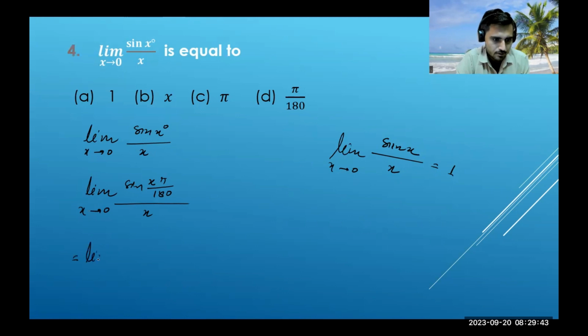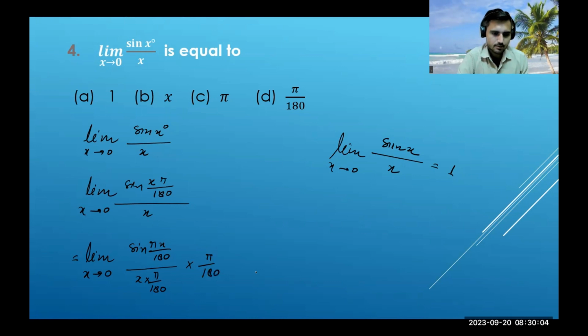So limit x tends to 0, and we'll write here sine pi x upon 180, and here x into pi upon 180, so we'll also multiply in both numerator and denominator pi upon 180, right? Because if we want to get back the same function, these will be cancelled out.